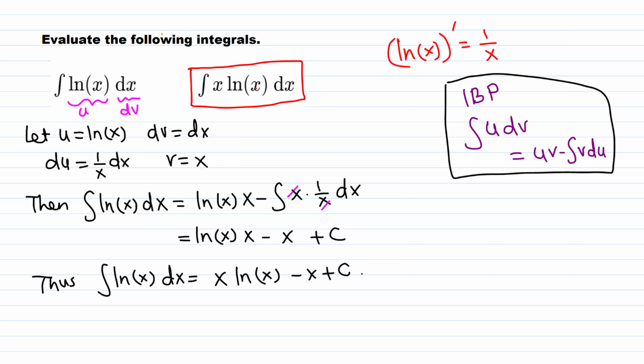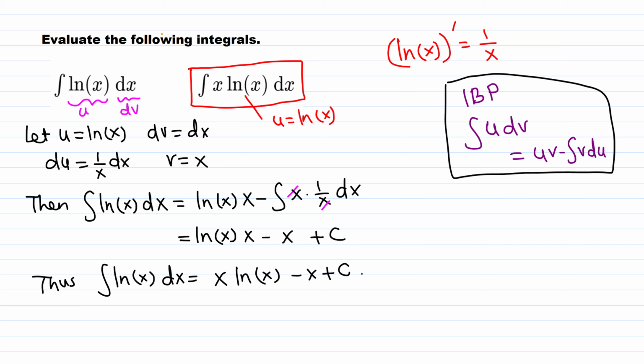So assuming x equals u would not help. If we take u equals ln x, then du would be 1 over x, but we do not have 1 over x, we have x.